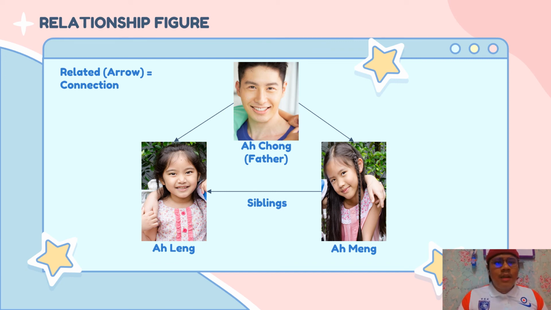By this relationship figure, we can see that Ah Chong as a father relates with Ah Meng as his son. Then Ah Meng relates to Ah Leng as a sibling. From that, we can see Ah Leng will relate with Ah Chong as a daughter also. Using this figure, we can see they have a transitive relationship.